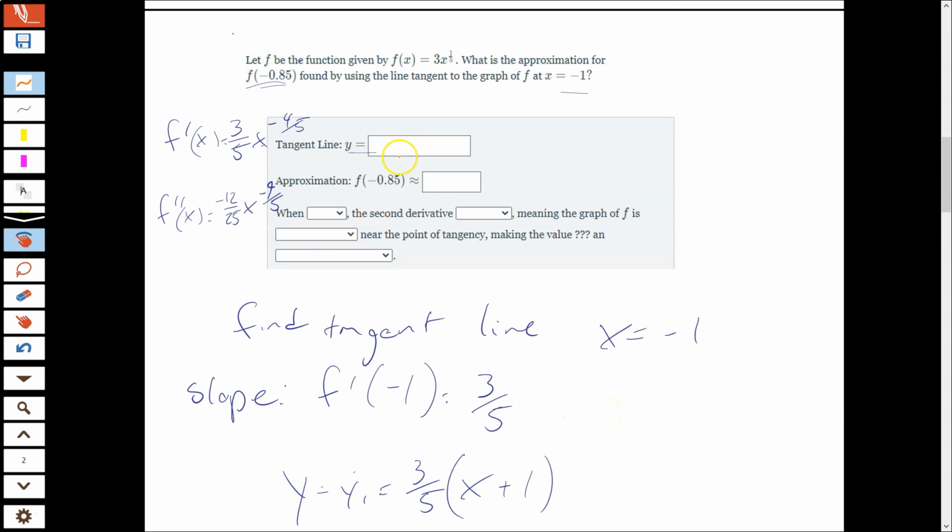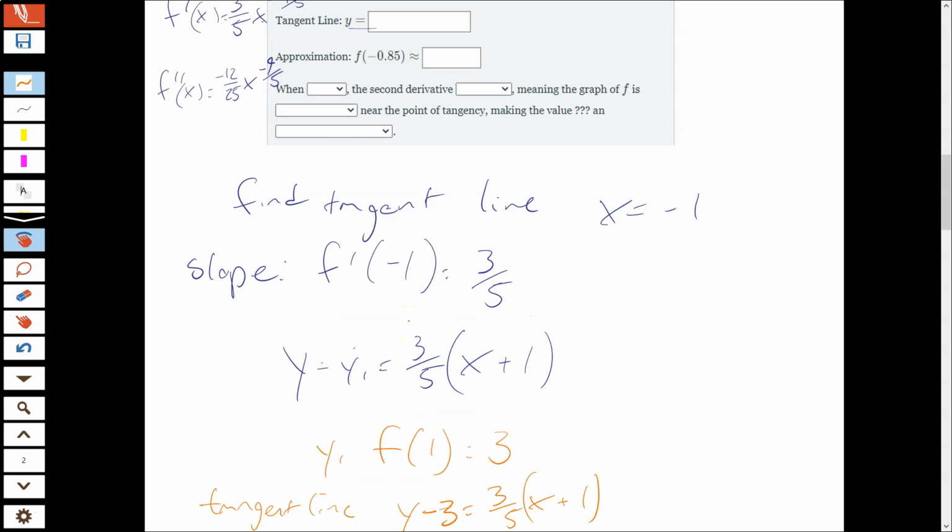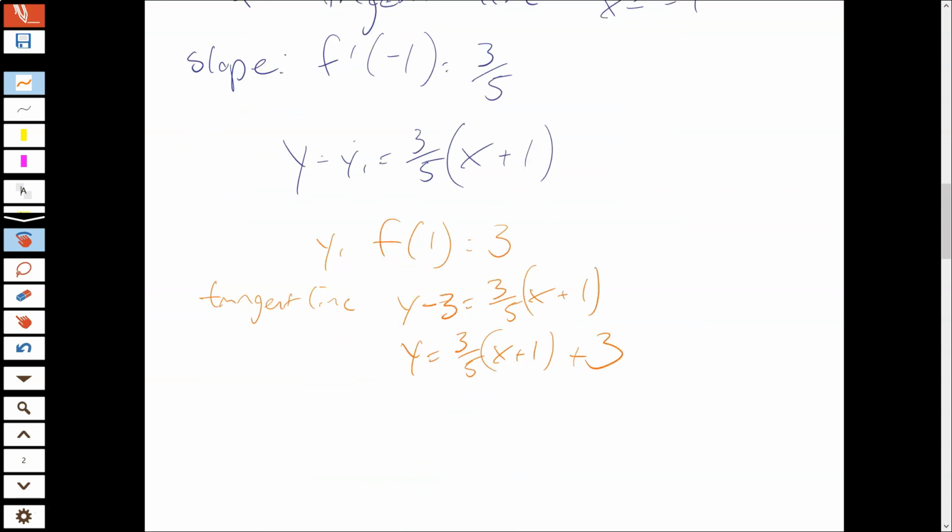Okay. My approximation, I'm going to plug in that -0.85. Okay. So that's going to look like y equals 3/5. So this is my approximation now. Y equals 3/5 times -0.85 plus 1, minus 3. Again, you can put it in your calculator and you should get y equals -2.91.